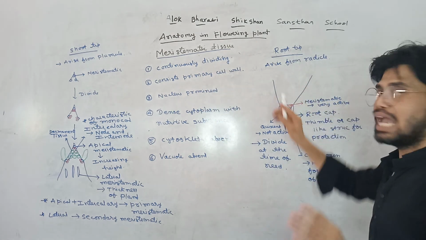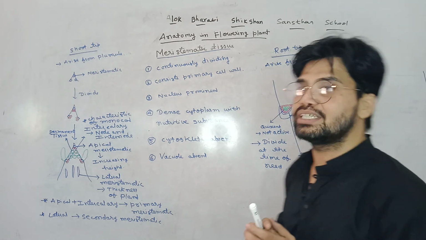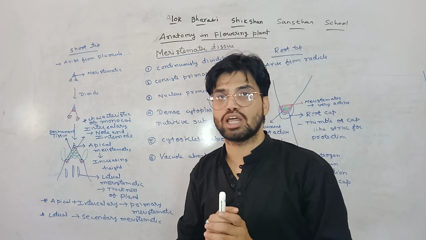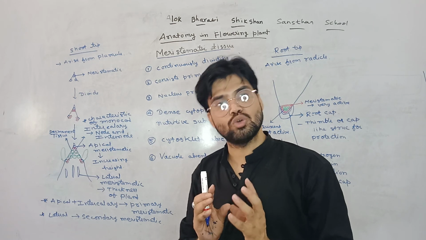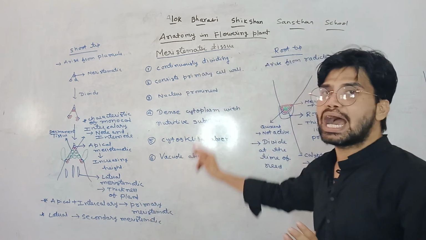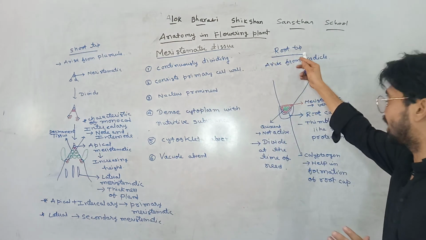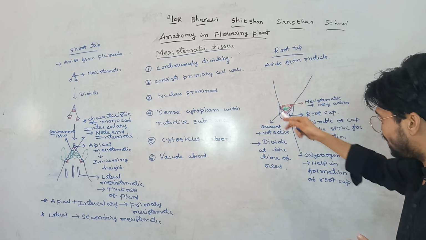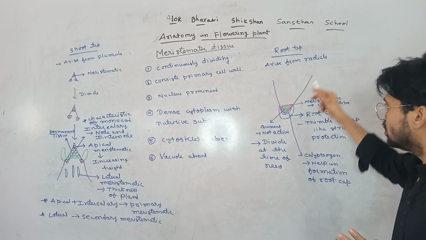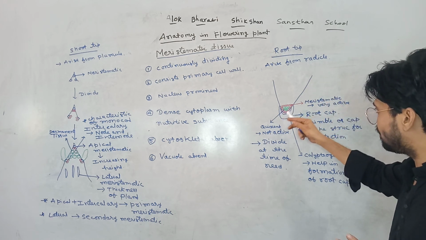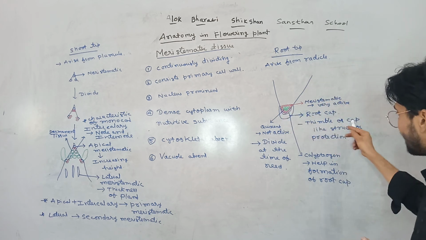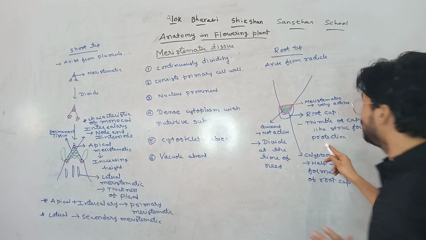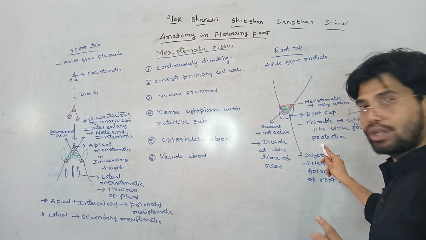After that, as I already said, you can find this tissue in the root or shoot. So I am speaking about the root tip. This root arises from the radicle. So I am making the picture of the root. It will be protected by a thimble or cap-like structure, which is known as the root cap.